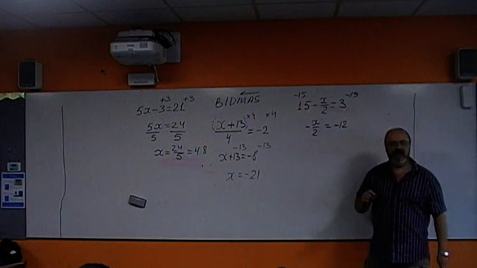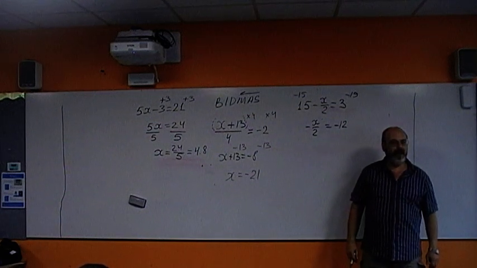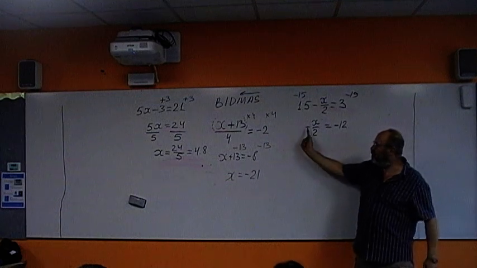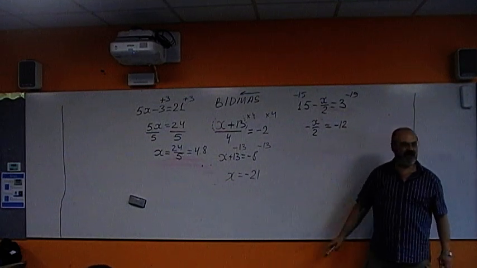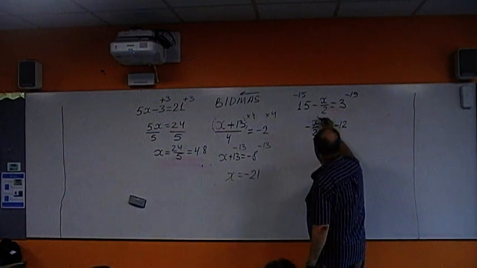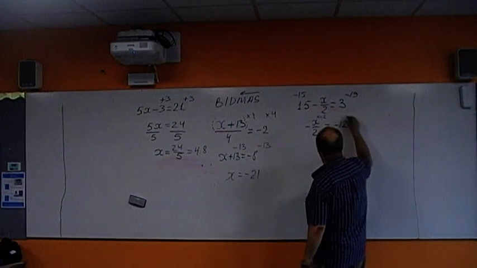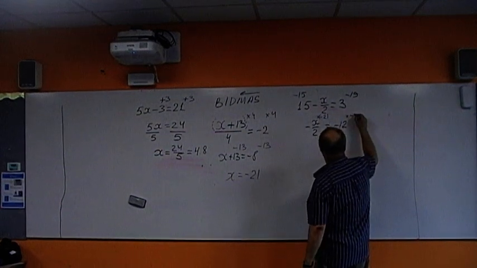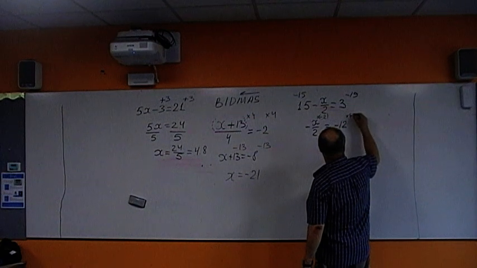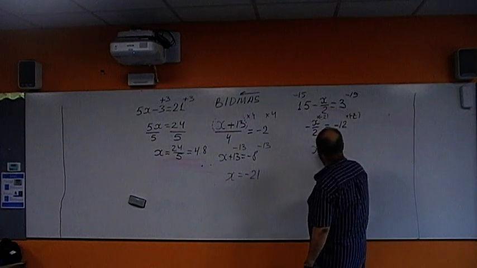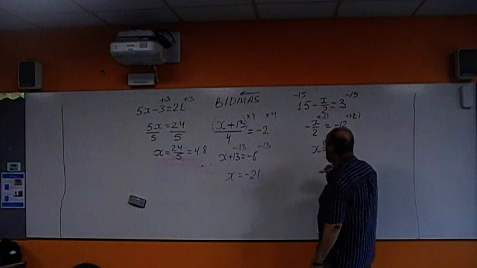Now, what is the next step? Times both sides by negative 2. And we will have x equals positive 24.